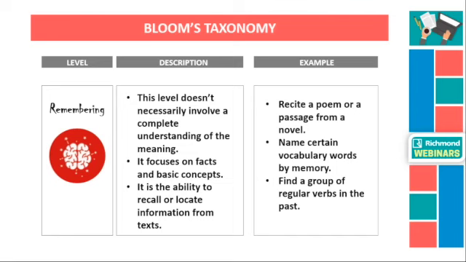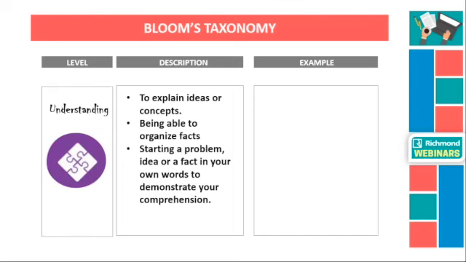Then we have the second part, which is understanding. For understanding, students here have to prove the understanding of the new materials, by maybe discussing information or new ideas. After they have memorized from stage 1, it's now the moment to put some meaning into it.